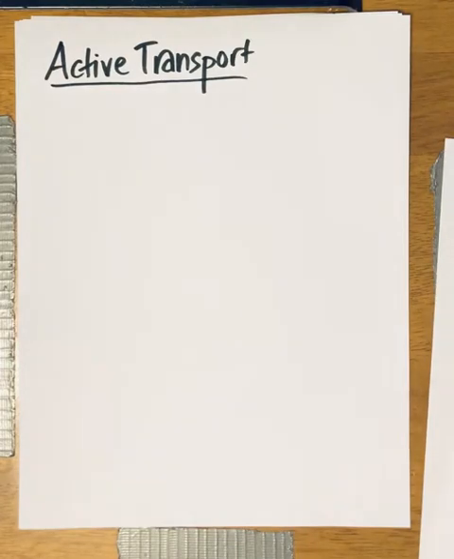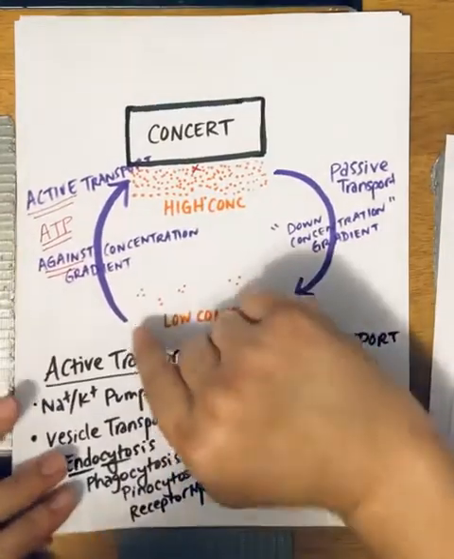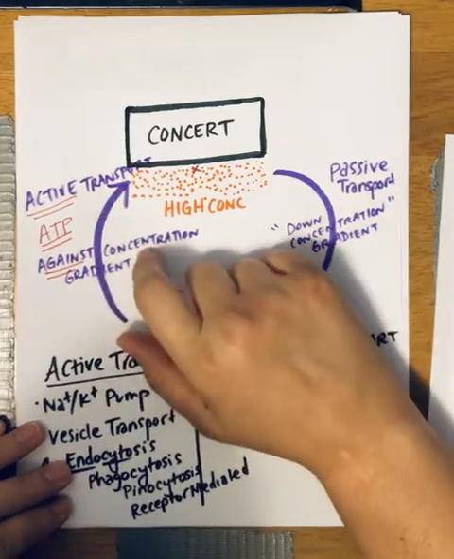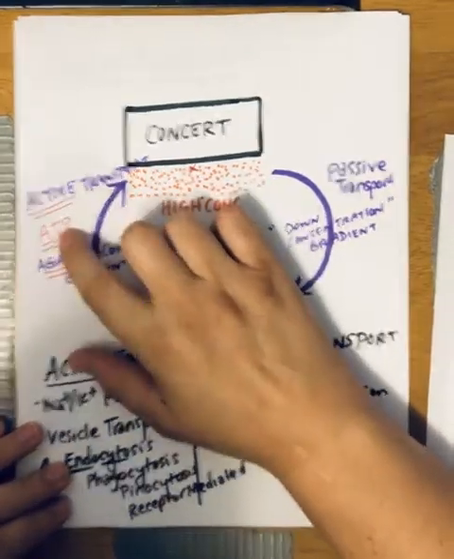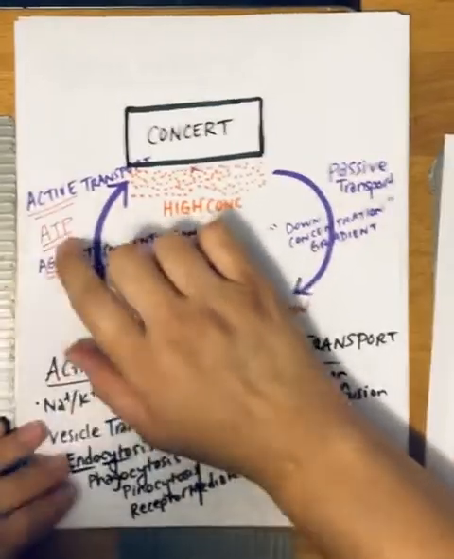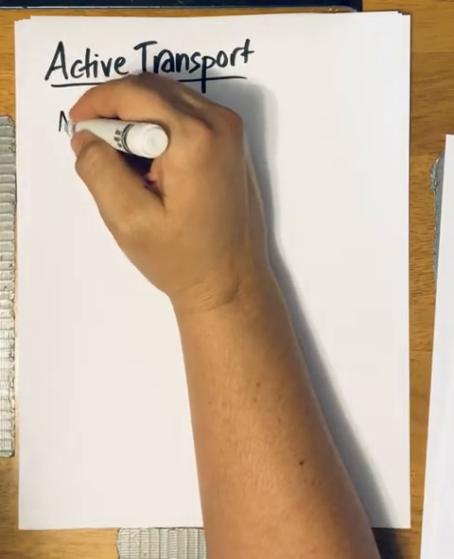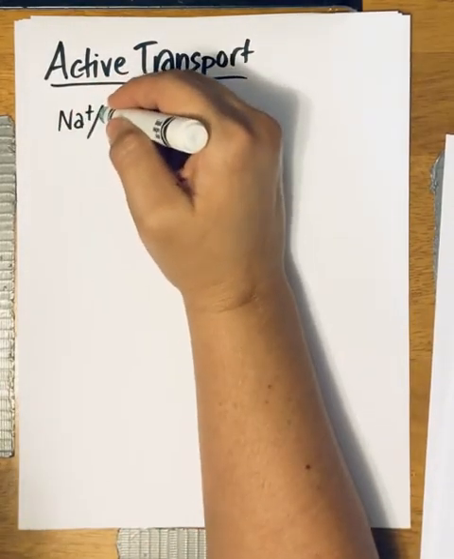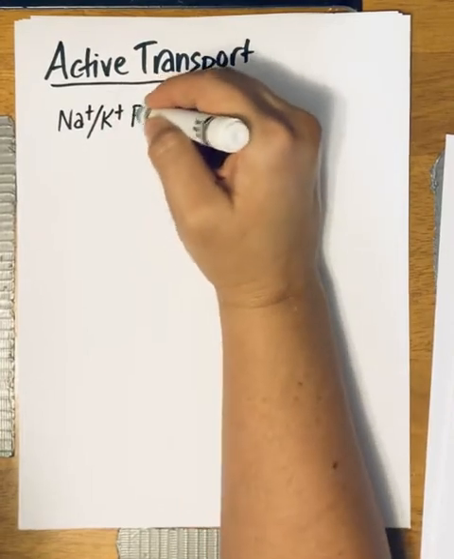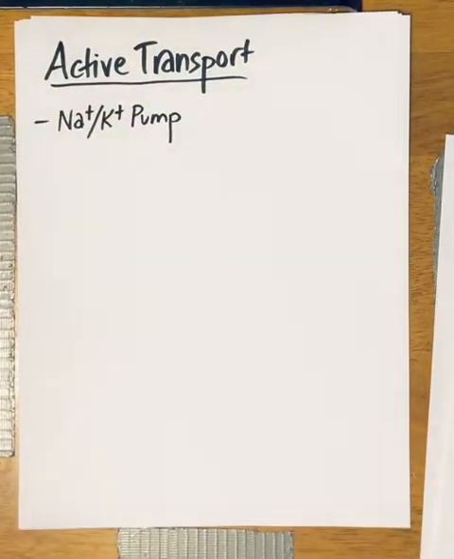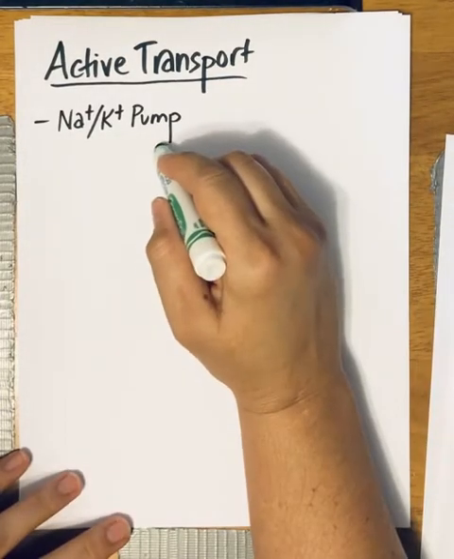If you're using the concert definition, movement from a low concentration to a high concentration, against the concentration gradient, ATP or energy is required. Now, the first one that we talk about is the sodium-potassium pump. This is one of the most important of all of your transports.